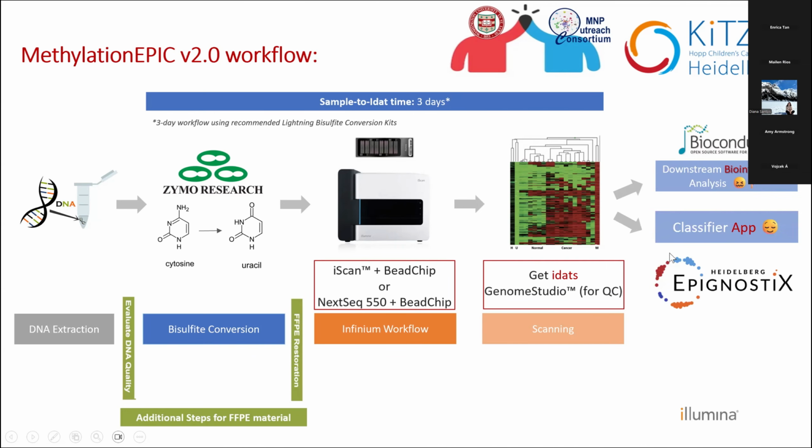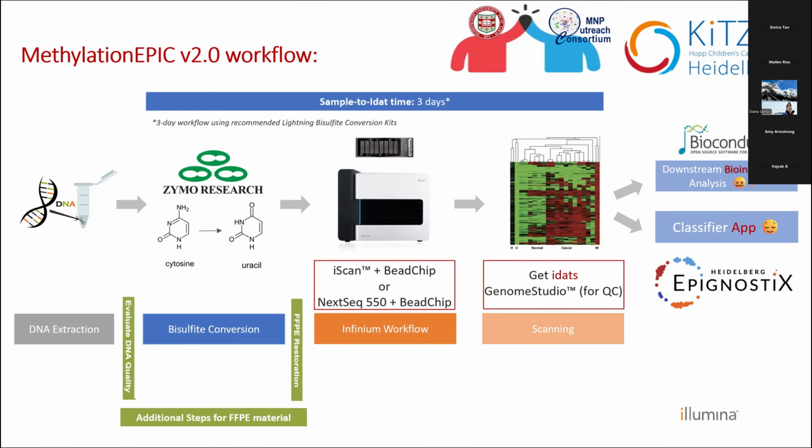But when we talk about CNS tumors or sarcomas, now you can utilize the classifier app, which is hosted on Heidelberg Epignostics, and which some of you have been familiar with for the last decade or so. The beauty of the classifier is that it bypasses the needed bioinformatics analysis.